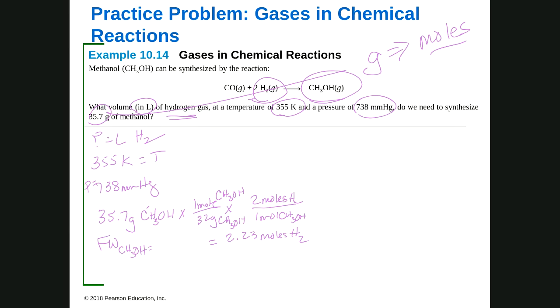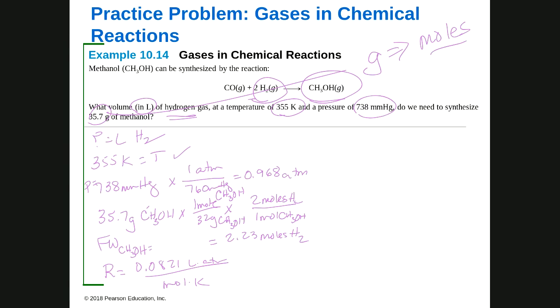All right. I'm going to be using R, so I'm going to write that down: 0.0821 liter atmosphere over mole K. All right, I've got K. I've got millimeters of mercury, so that's going to have to be in atmospheres. So 1 atmosphere is 760 millimeters of mercury. So 0.968 atmospheres. All right.